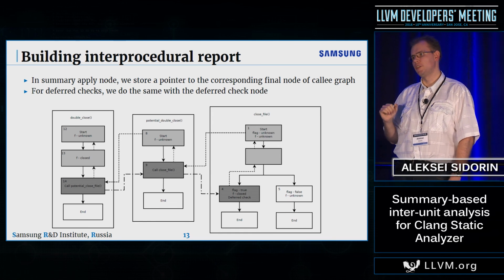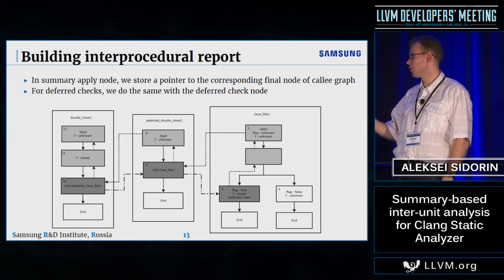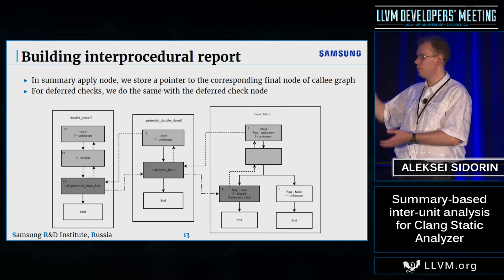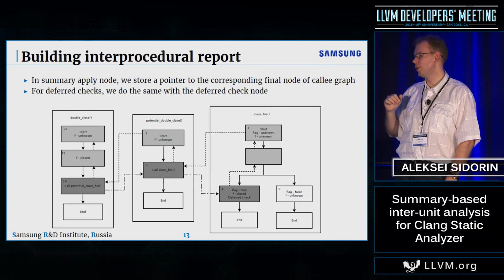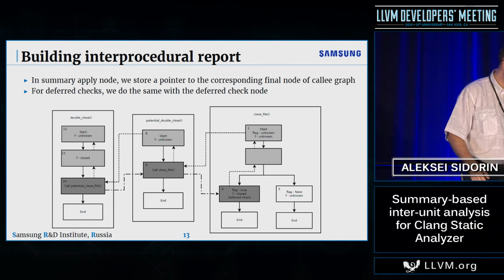So to build a path inside the callee function, we just drag it up from the interesting node up to the callee's root of the call graph. And then we glue this path together, so we get a full path and generate a report based on it.